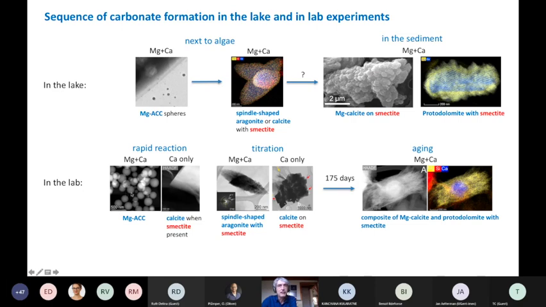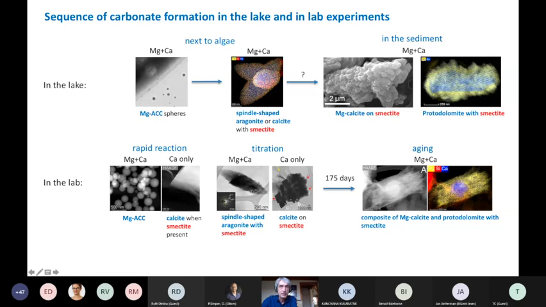However, if you have only magnesium in the solution, then you skip this part, and on smectite you immediately have calcite.